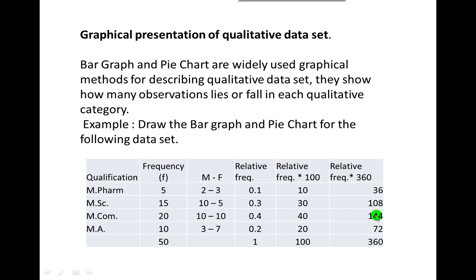How much is this plus this plus this? 288. Okay, so draw another arc from the 0 degree up to this value. So the next area will automatically be 144.